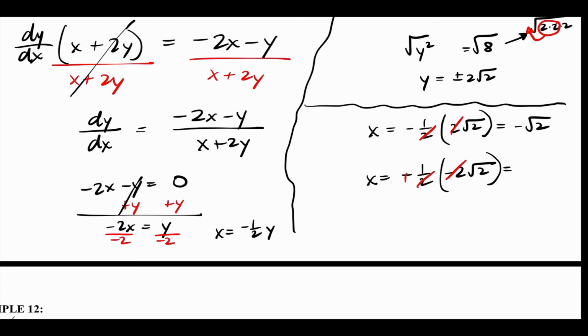The negatives cancel out. So I get positive root 2. So I have 2 x's and 2 y's. So my 2 x's are root 2 and negative root 2.